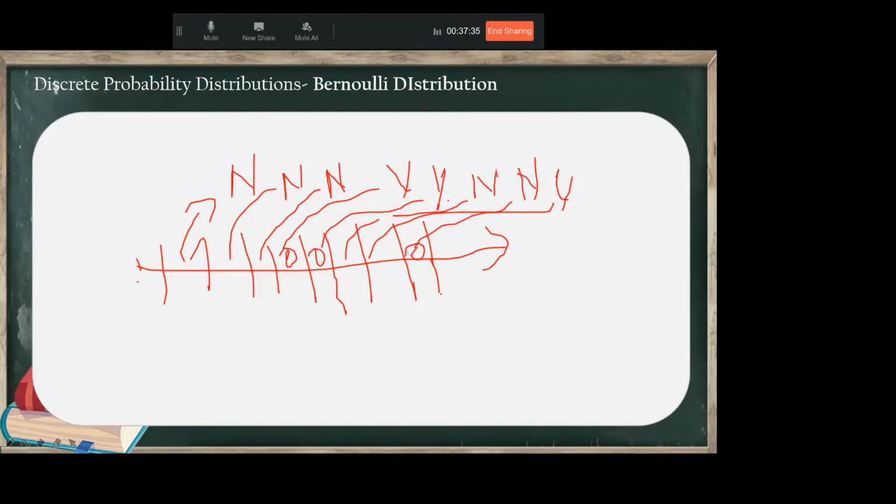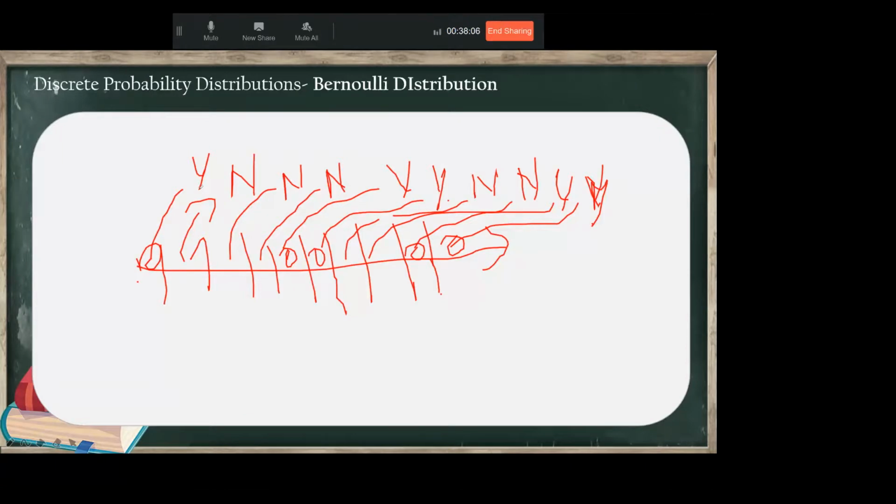So I got yes and I got yes again, and again here also yes. In this diagram, each point shows an outcome. The first one has a circle, which means success.